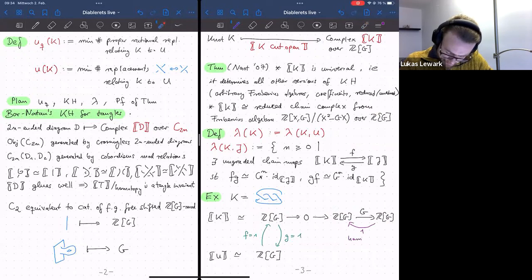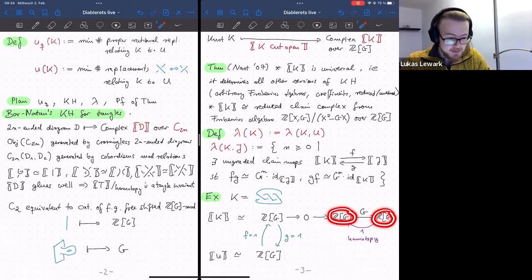That's our homotopy. And now, well, I need to consider H composed with the differential plus the differential composed with H. And that gives me G times the identity here and G times the identity here. That's good. That's a power of G times the identity.